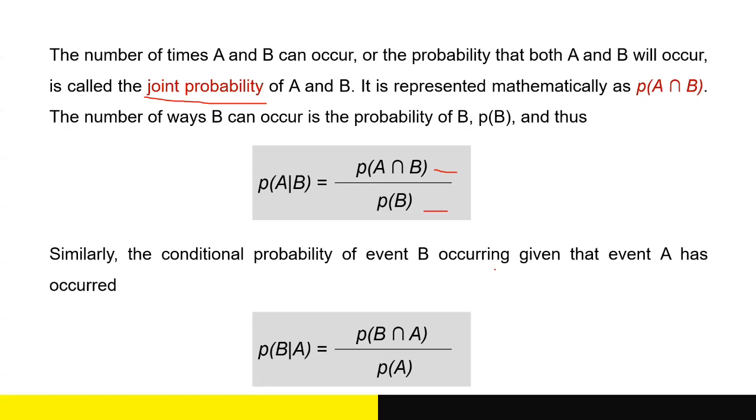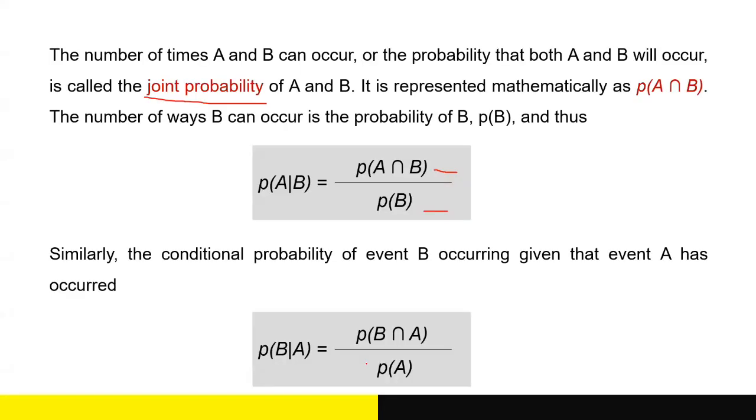So this equation represents the conditional probability of B given A, which is similar to the equation above. So we see that it is the same, but with A and B swapped. So the probability of B given A is equal to the probability of events B and A occurring together divided by the probability of A.